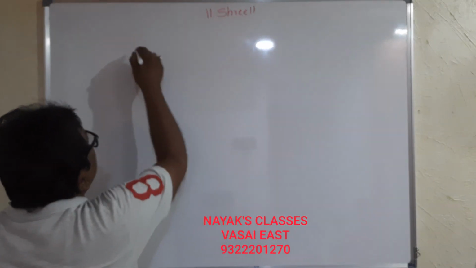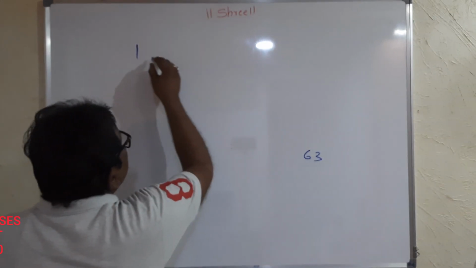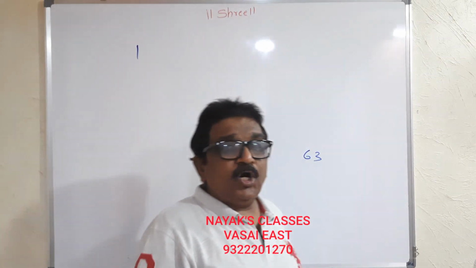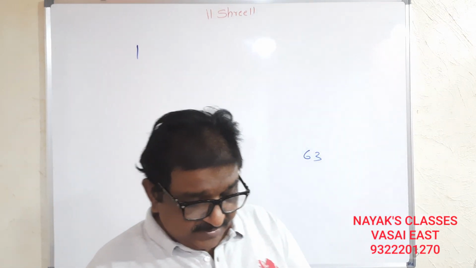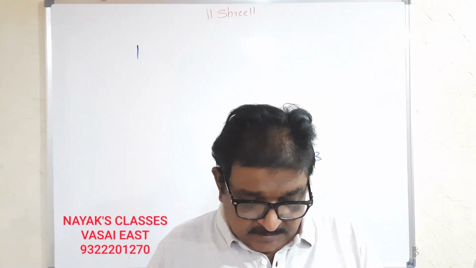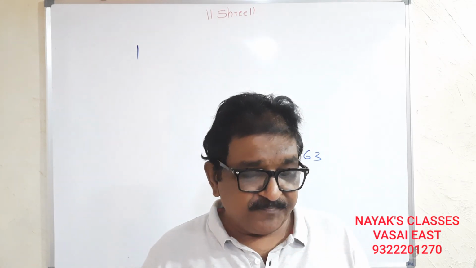1 to 63. He arranged in an increasing order of their atomic masses. On page number 18, you can see Mendeleev's periodic table.